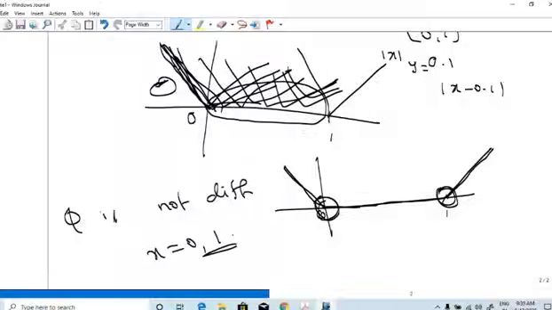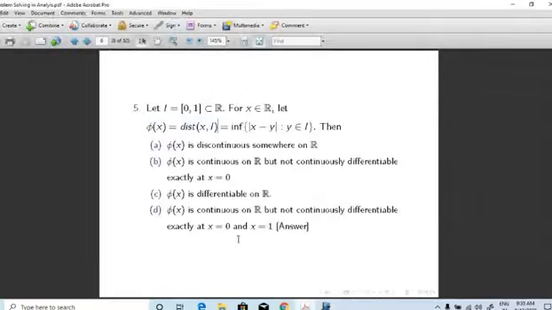So only at these two points the function is not differentiable, but at all other points it is differentiable, and it is continuous everywhere. Now look at the last option: phi is continuous on R, but not continuously differentiable exactly at x equal to 0 and x equal to 1. Only these two points, the function is not differentiable. But look at the third option, is differentiable on R?